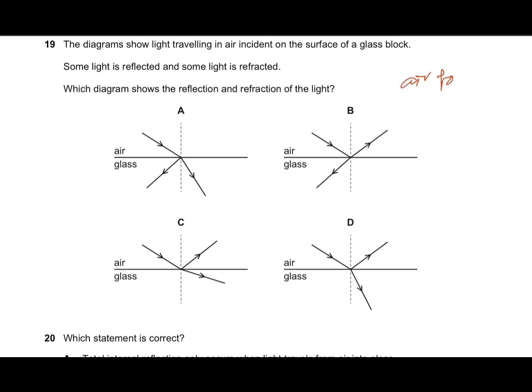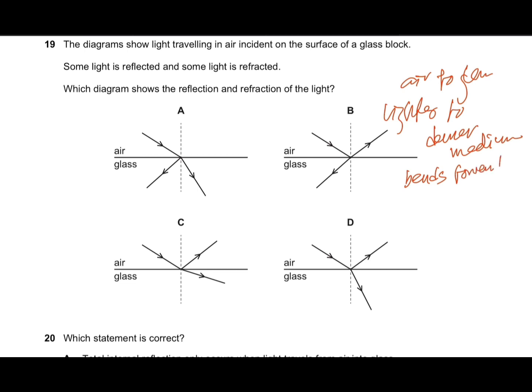Air to glass means lighter to denser medium. So in this case, our incident ray is going to bend towards the normal. Okay, so if it bends towards the normal, then this option is okay.